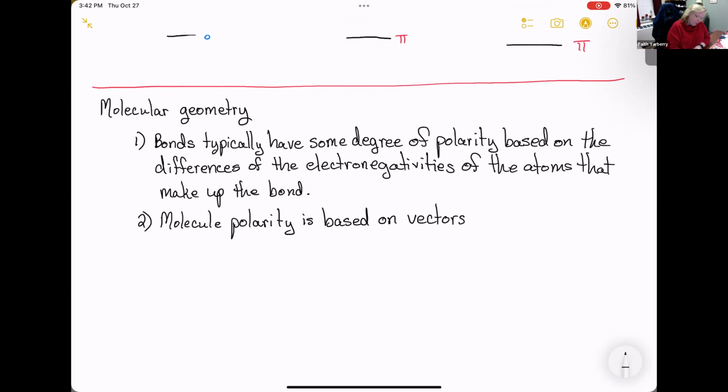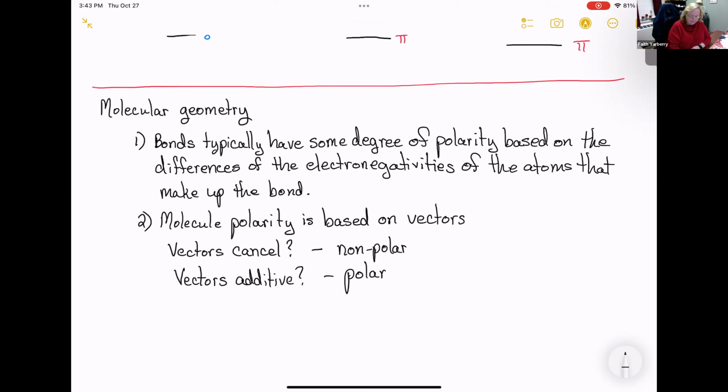And what we're looking for in order to determine the molecule's polarity is, do the vectors cancel? If they do, then it would be a non-polar molecule. Or are the vectors additive? If so, then it would be a polar molecule.